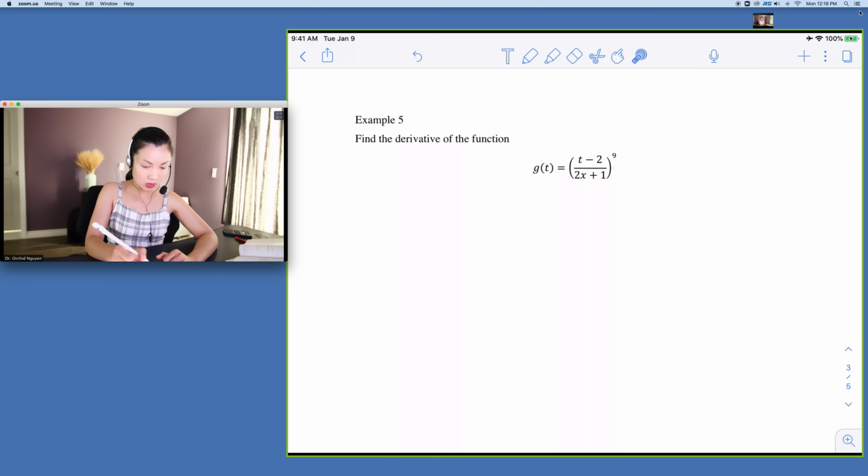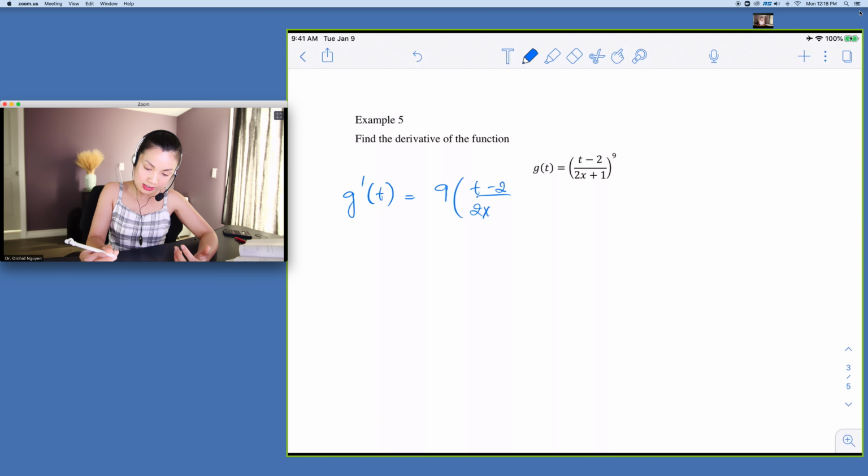So the outer is 9 times (t minus 2 over 2t plus 1) to the 8th. I'm sorry, this is supposed to be 2t, otherwise we treat it as a constant. And then we have to take the derivative of the inside, which is t minus 2 over 2t plus 1.